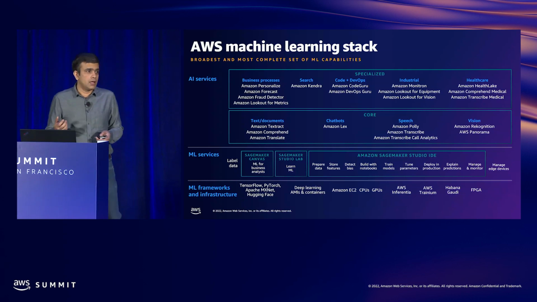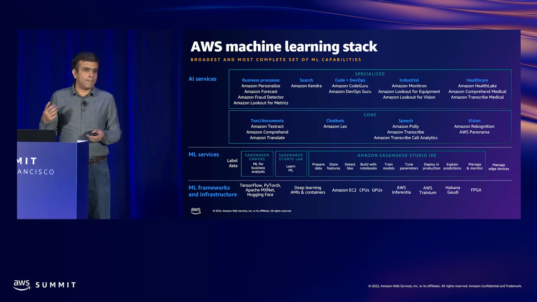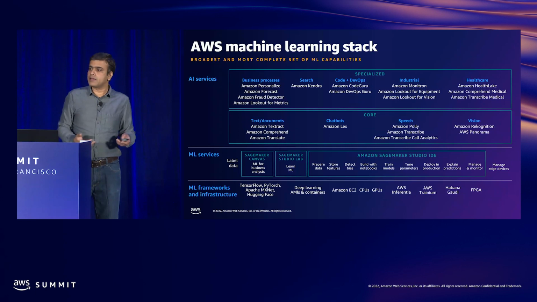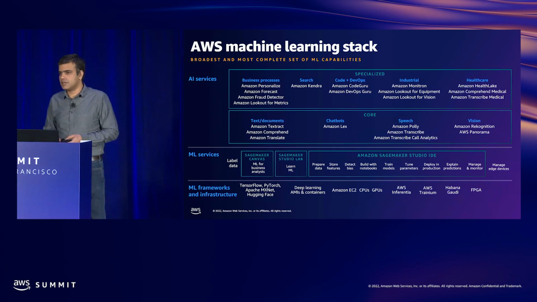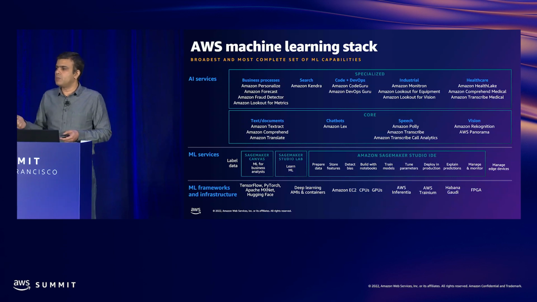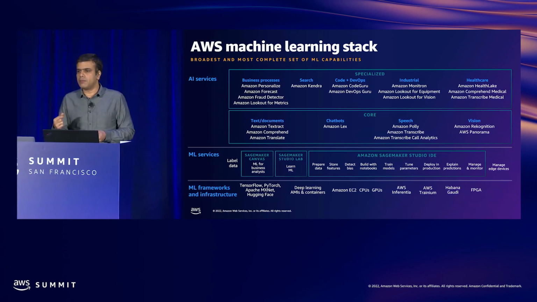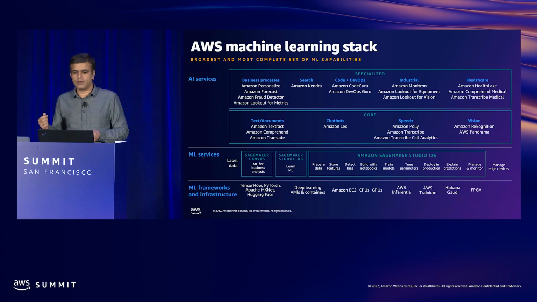In fact, a lot of our innovation and contribution goes back into these frameworks, and these are optimized to run on AWS. Just to put some numbers into perspective, over 90% of the cloud-based PyTorch, MXNet, and TensorFlow workloads run on AWS.